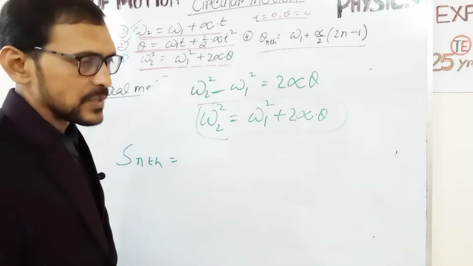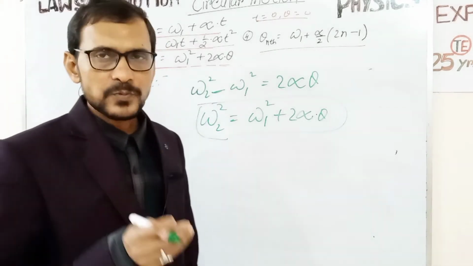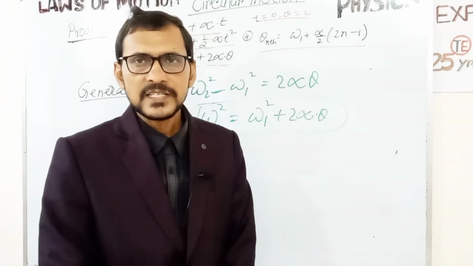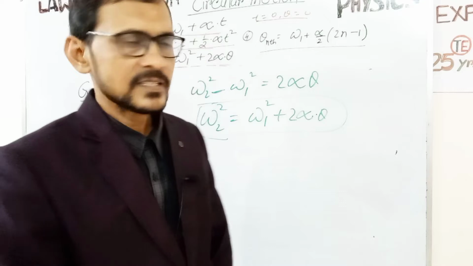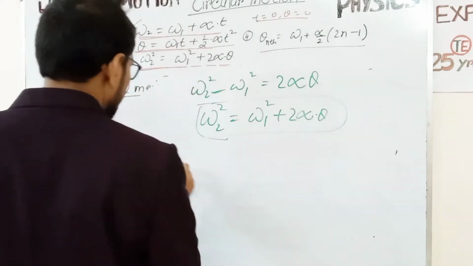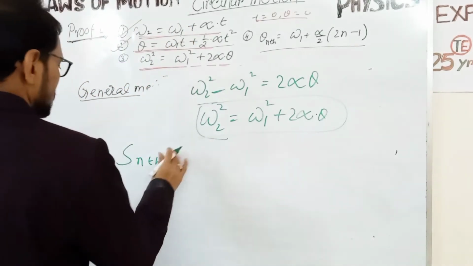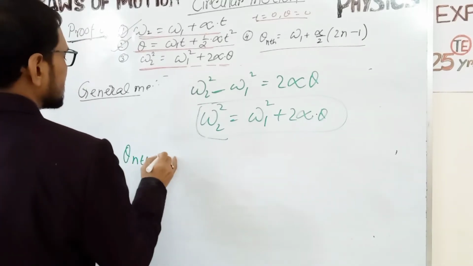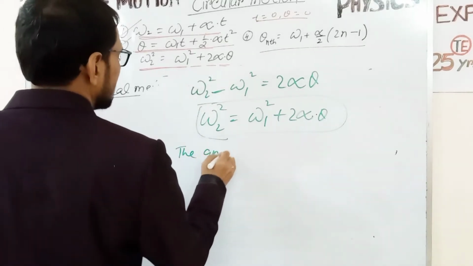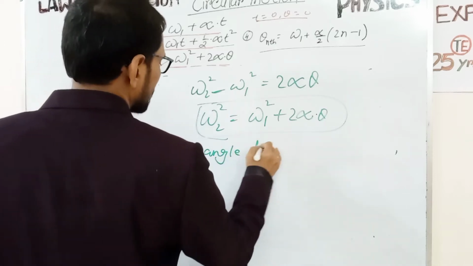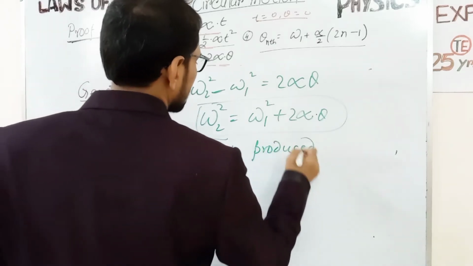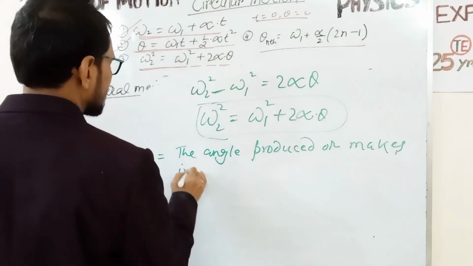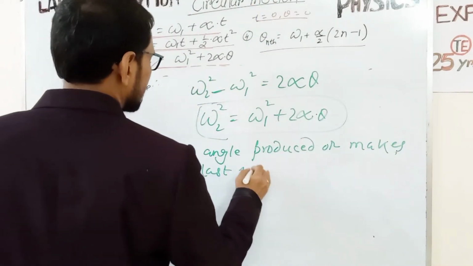If the body travels for n seconds, then the distance traveled in the last 1 second is Sn. Here we use theta nth. Theta nth means the angle produced, or the angle made, in the last 1 second.